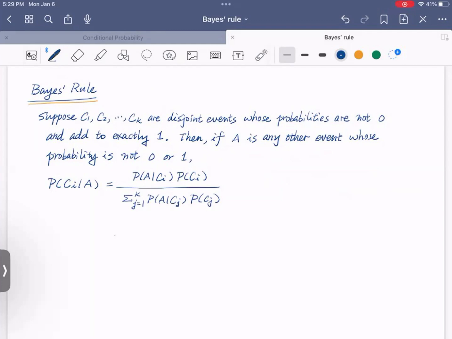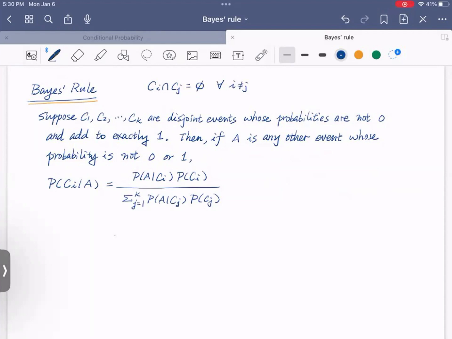So let's first understand what these C1, C2, all the way to Ck are. They are disjoint events, which means the intersection of any two events is empty. We can use this notation to denote it: Ci intersect Cj is empty for any i and j where i is not equal to j.